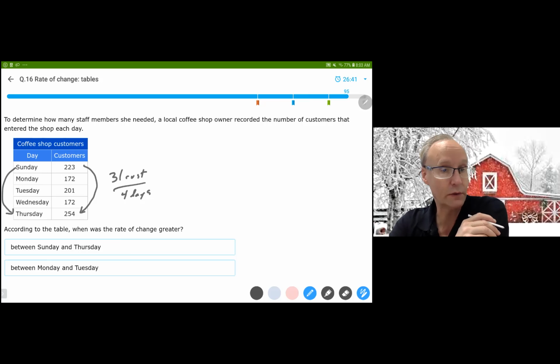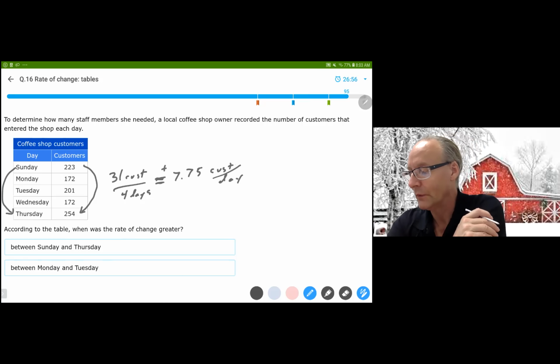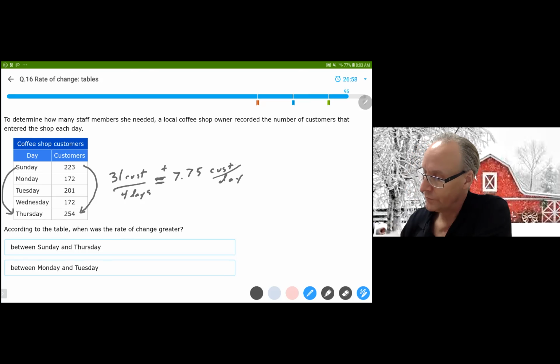Actually 7 3/4. Well, it's exact actually. 7.75 customers per day. And this is a positive because it went up, didn't it? Went up 31. All right, so this is positive 7.75 per day.